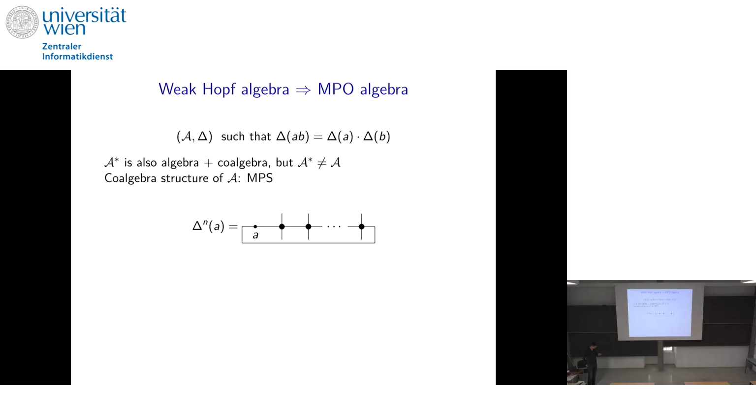Okay, so just as before, the coalgebra structure of A yields you an MPS representation. Now I write MPOs simply because I have an algebra, so I think of these guys here as matrices. So I will do matrices everywhere.